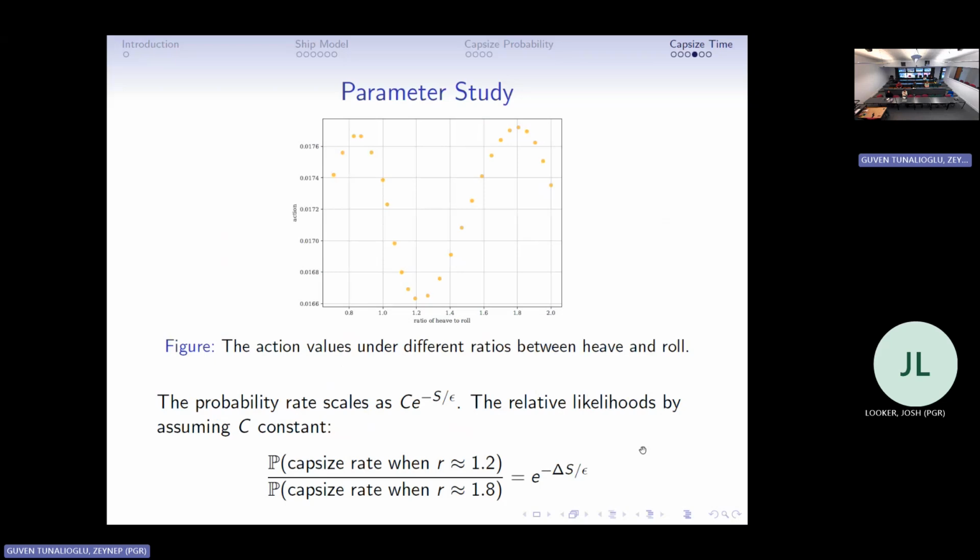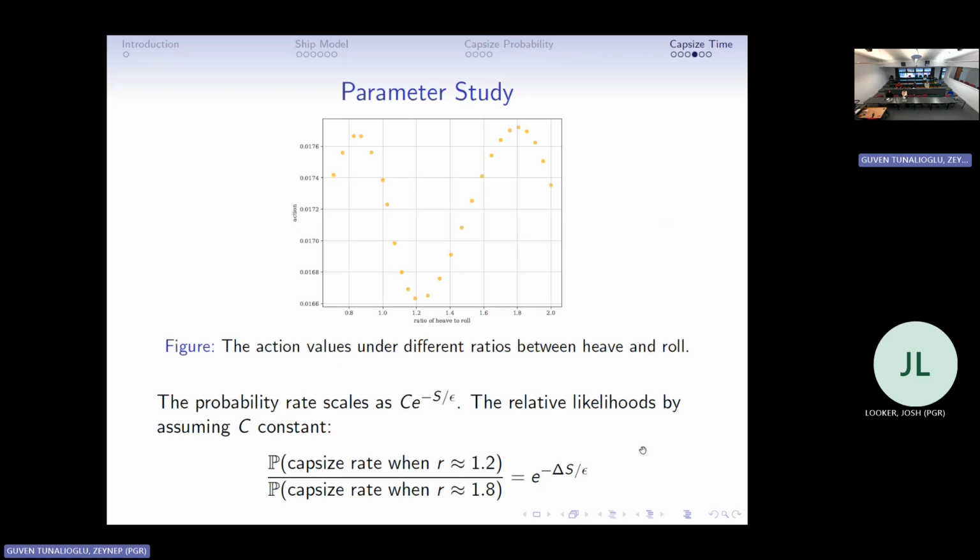We see that different coupling gives different action, meaning different probabilities. The lowest point is attained roughly at 1.2, and the biggest value is obtained around r equals 1.8. How can we understand this minimum value and maximum value?